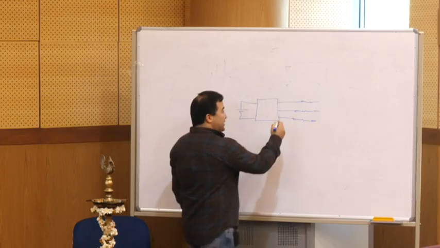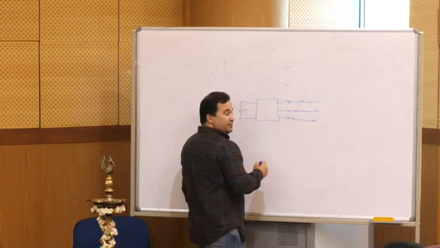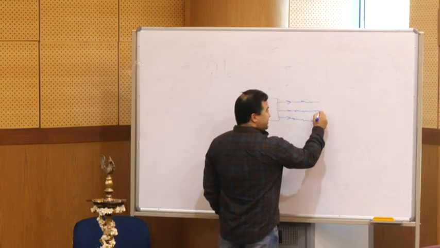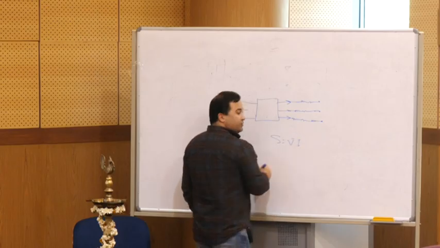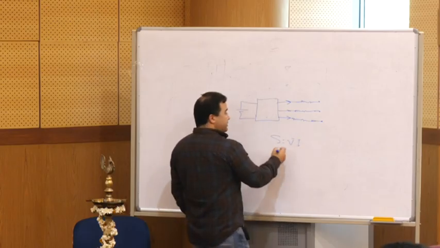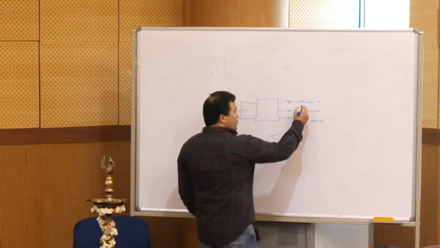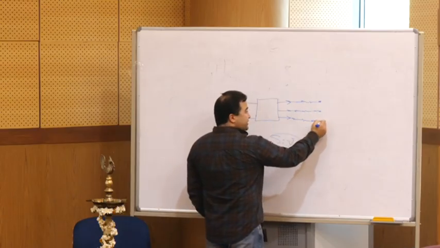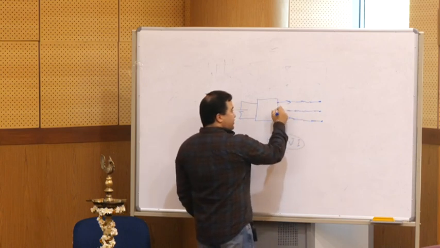So we inject the current because the voltage is fixed here. So S is V times I. So we can create the power. But this voltage is fixed, and accordingly, this voltage is also fixed.